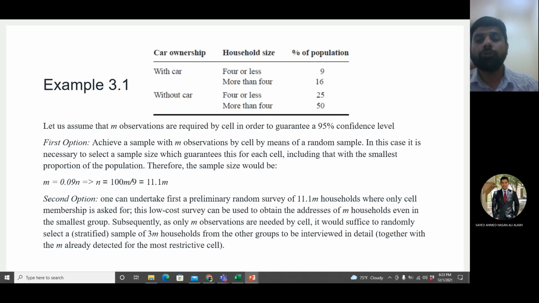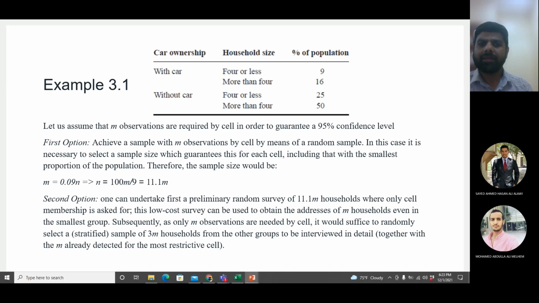We have two options available to us. First option is to collect values randomly. So go to each household randomly. It may have a car, it may not, it may be a big household or a small household. No problem. I will just go there and collect the data randomly.